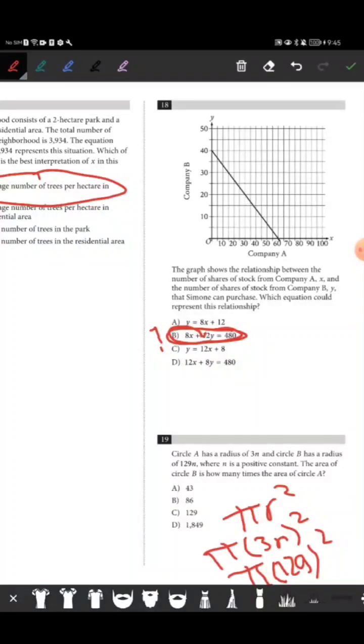First of all, now we know the areas of both circles. The first one, which is the small one, is pi 3n squared, and the second one is pi 129n squared.